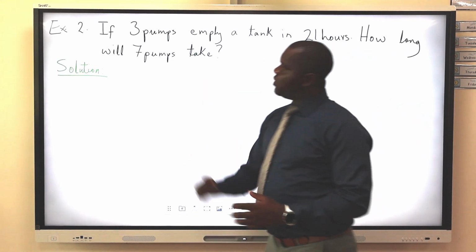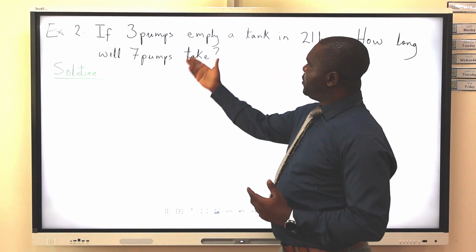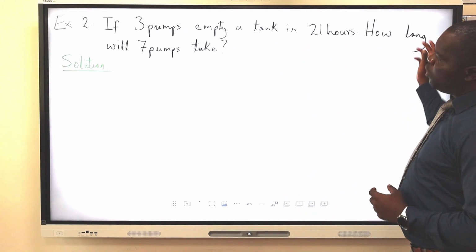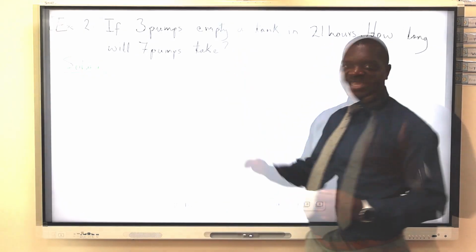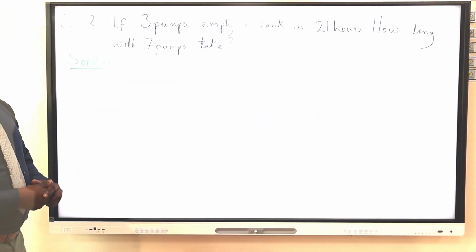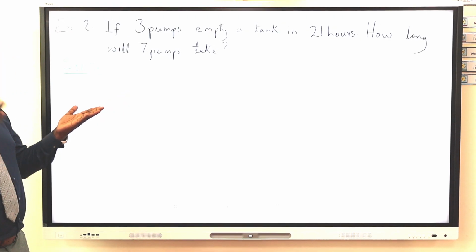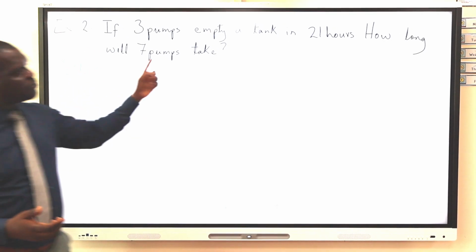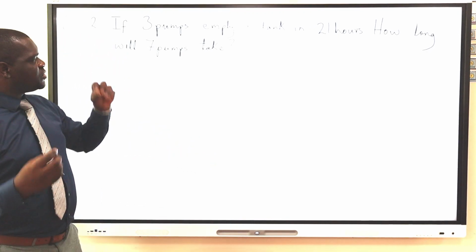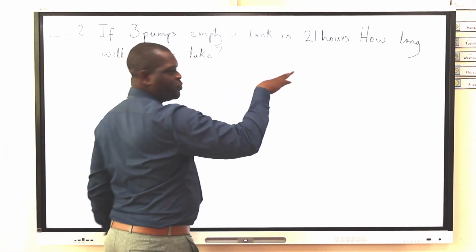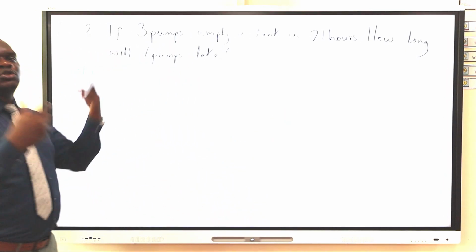Okay, let's look at the second example, which says if 3 pumps empty a tank in 21 hours, how long will 7 pumps take? This is an inverse proportion because as one quantity is going to go up, the other quantity goes down. Why? Because if 3 pumps do it in 21 hours, it is obvious that 7 pumps, because the number of pumps has gone up, the number of hours will reduce because there are more pumps to do the work.